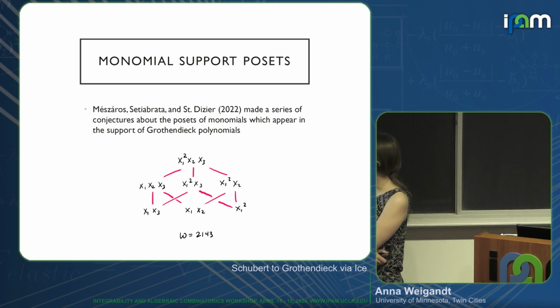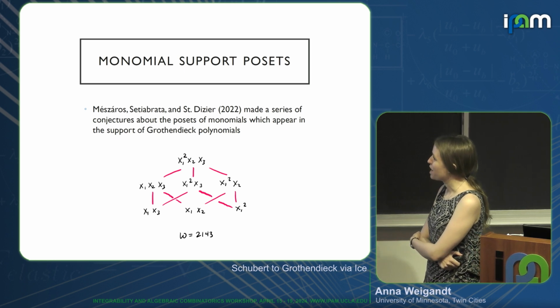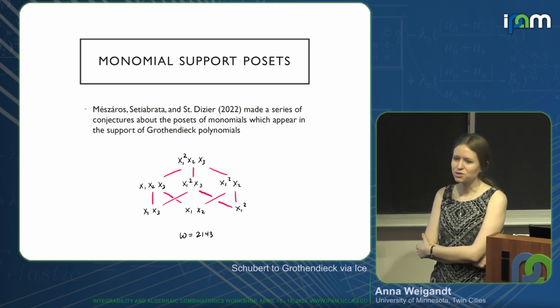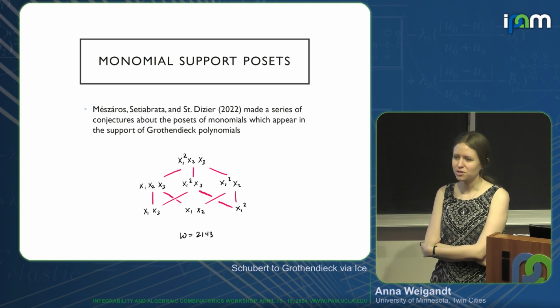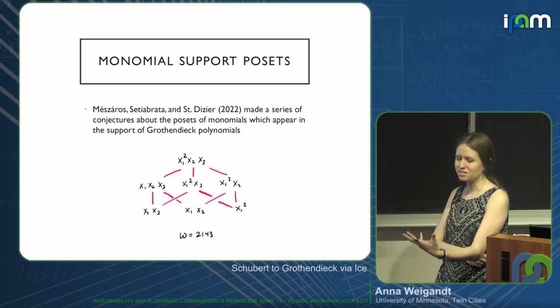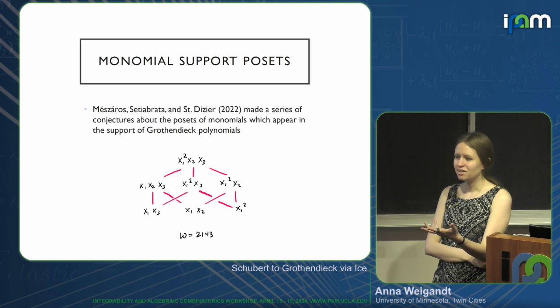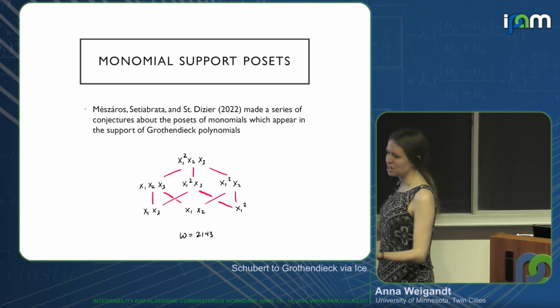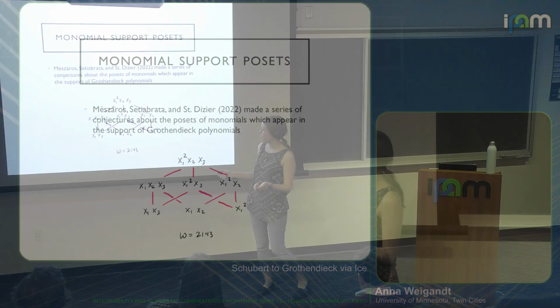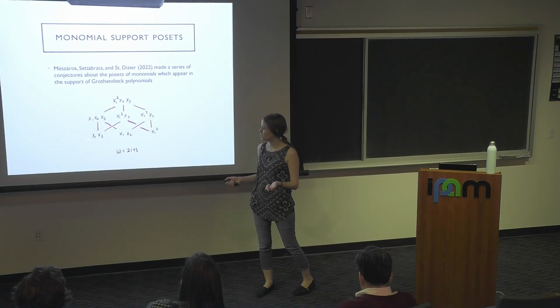There's also been more recent conjectures about the poset of monomials which appear in the Grothendieck polynomial. So you can just take this poset by divisibility, and they have a series of conjectures ranging from, okay, if I have a monomial that's not of top degree, then I can climb up in this poset. So I can find something that it divides that's also in the support.